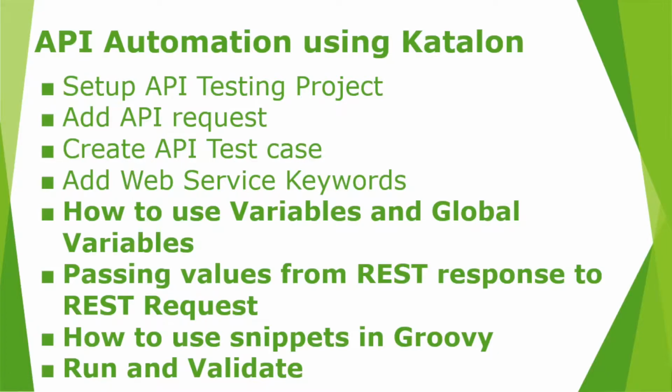So what all did we learn in my previous session? We learned how to set up an API testing project in Katalon, and I also taught you how to add any API request, either a REST service or a SOAP service, in the object repository, so that you can use those request messages in creating API test cases.